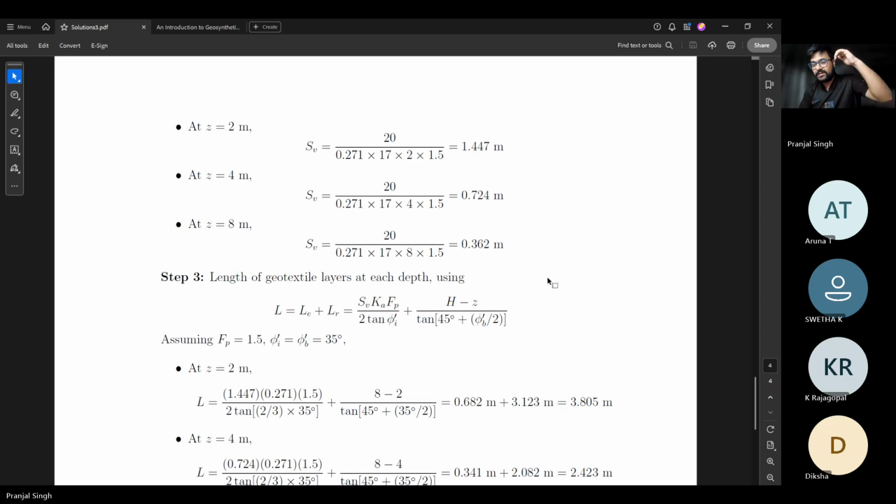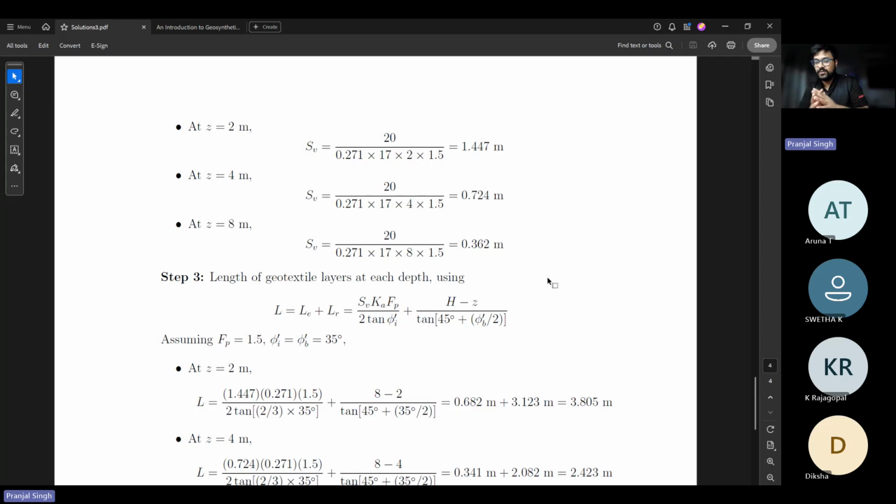Tan of the friction angle, be it the soil friction angle or the interface friction angle, will give you the resisting force, and the driving force is usually the active earth pressure acting due to the wall, self weight of the wall or the surcharge.